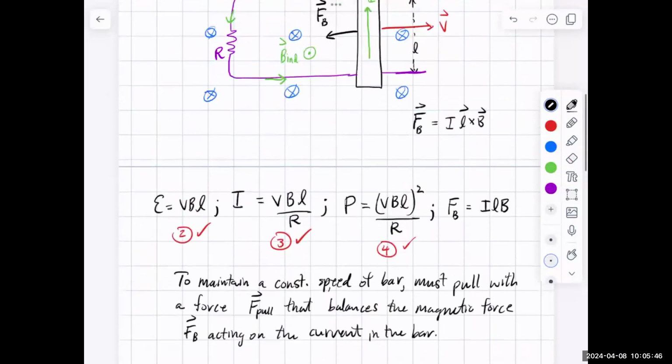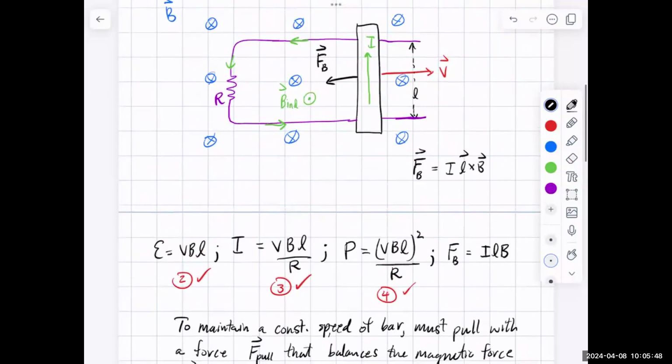Okay, so on our picture then, here, maybe I should put my L back here. We have to provide an F pull to balance the magnetic force. Now, if we're pulling on this bar with some force F pull, as it's being displaced to the right, force times displacement is work.